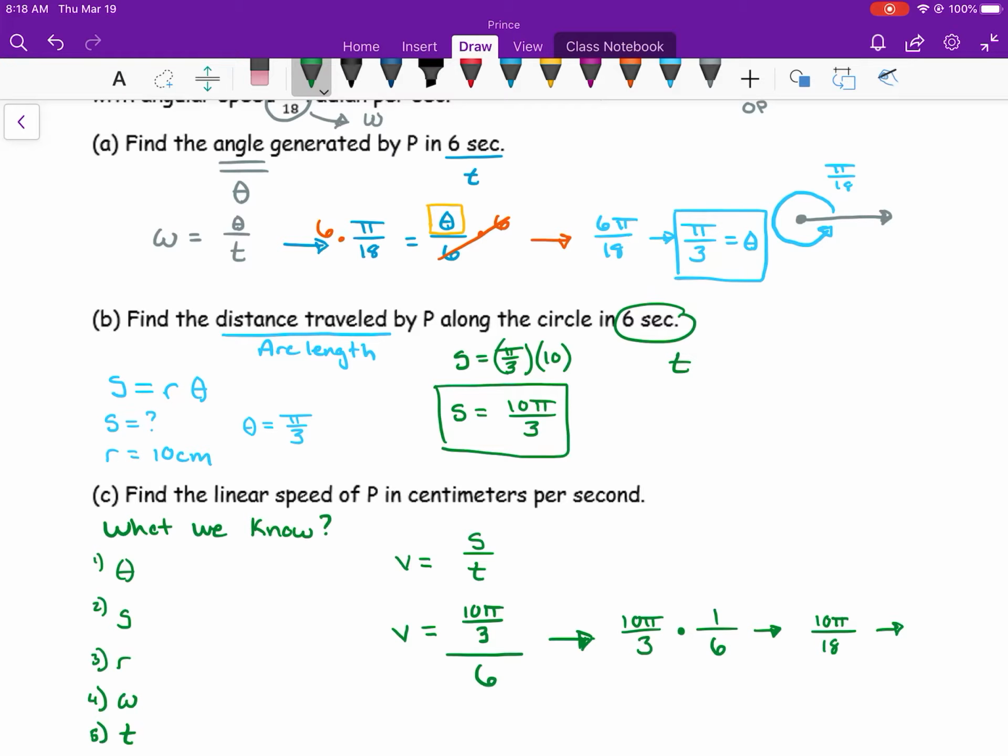Simplify again: 10 is divisible by 2, and 18 is divisible by 2. So we get 5 pi over 9. That is our linear velocity.